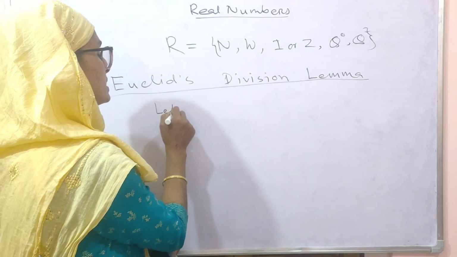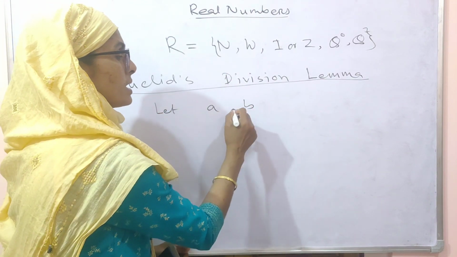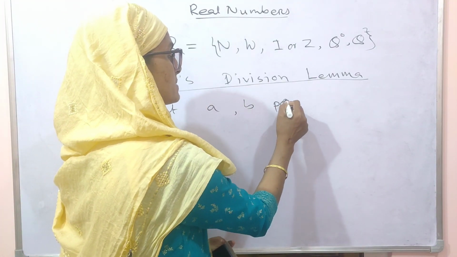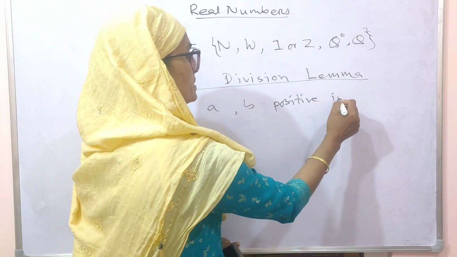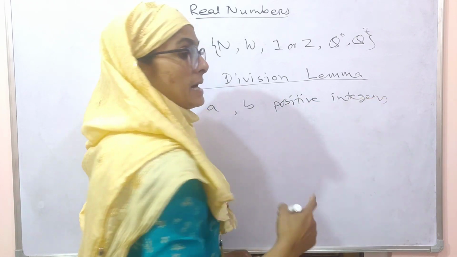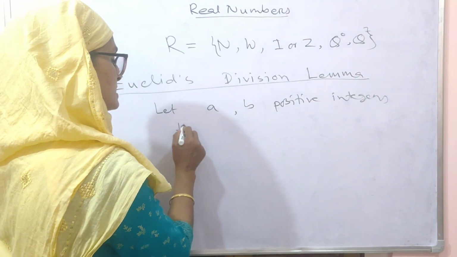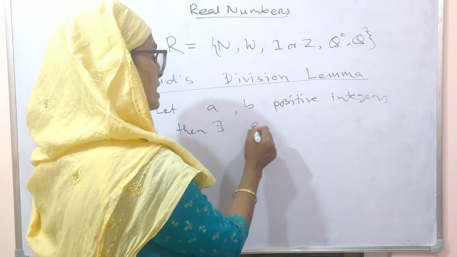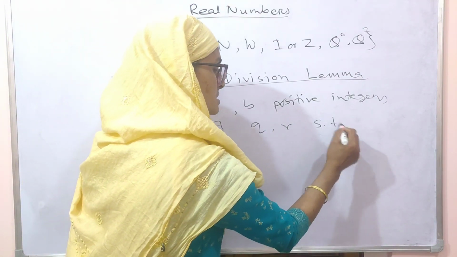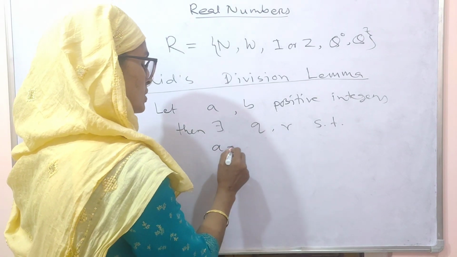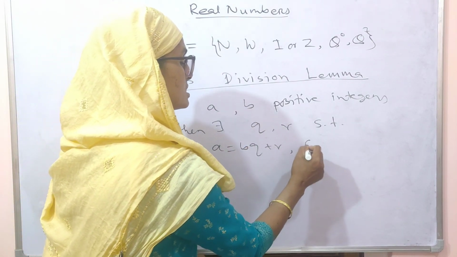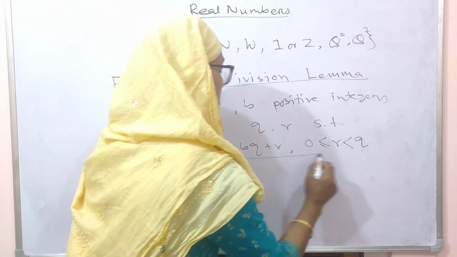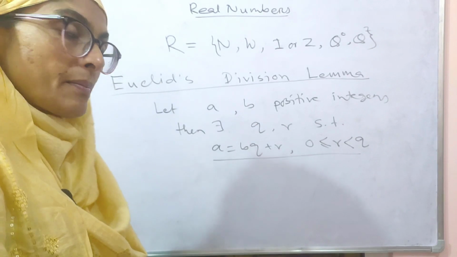Let a and b be any two positive integers, then there exist two integers q and r such that a equals bq plus r, 0 less than or equal to r less than b. This one is called Euclid's division lemma.